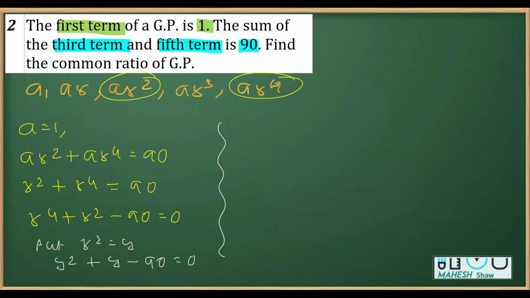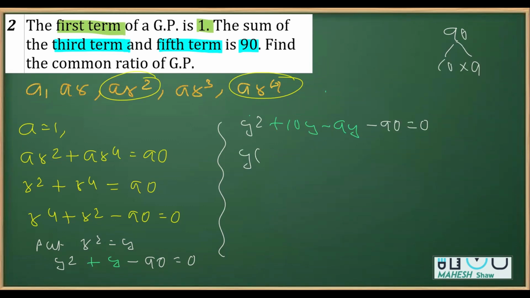Now next I'm going to do middle term splitting here. The middle term is y. So I can write this as y square, and the split can be from the factors of 90. I can write 90 as 10 into 9, and their difference is 1. So I'll write this as y square plus 10 times y minus 9 times y minus 90 equals 0.